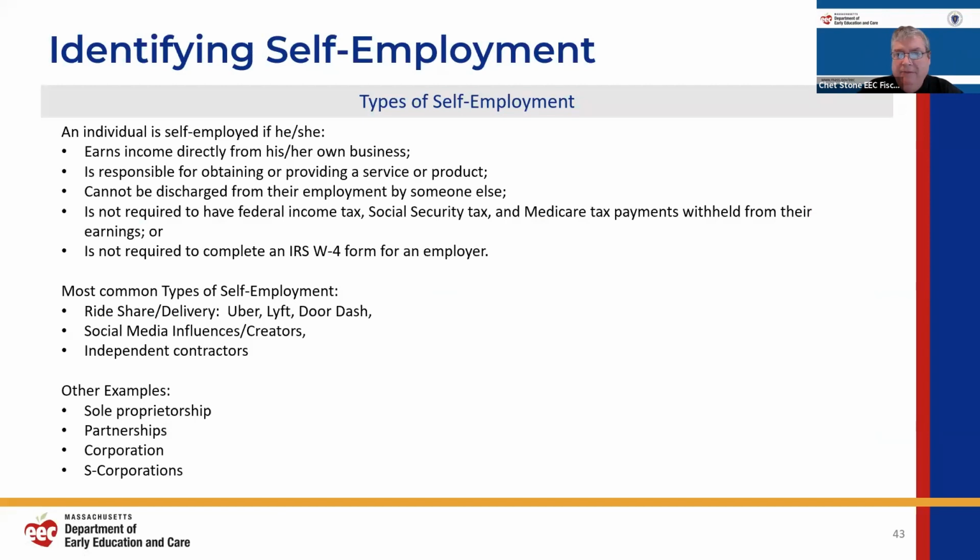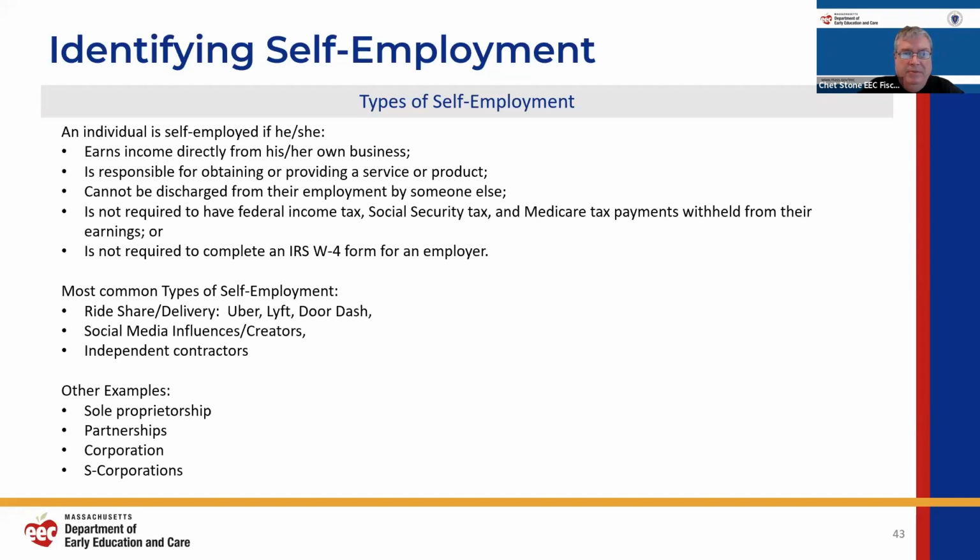What we still have, and what we've always had, and it's not changing, is determining what type of self-employment they have when they come. An individual is self-employed if he or she earns income directly from his or her own business. They're the boss, they're the president, they run the show.